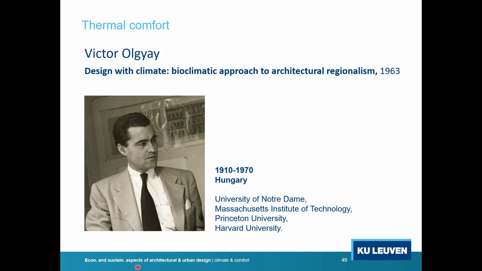What he did was based on a lot of case studies as well, and a lot of surveys. He tried to identify what influences comfort and what is the comfort zone in a more or less mathematical way, but based on a lot of measurements and surveys.